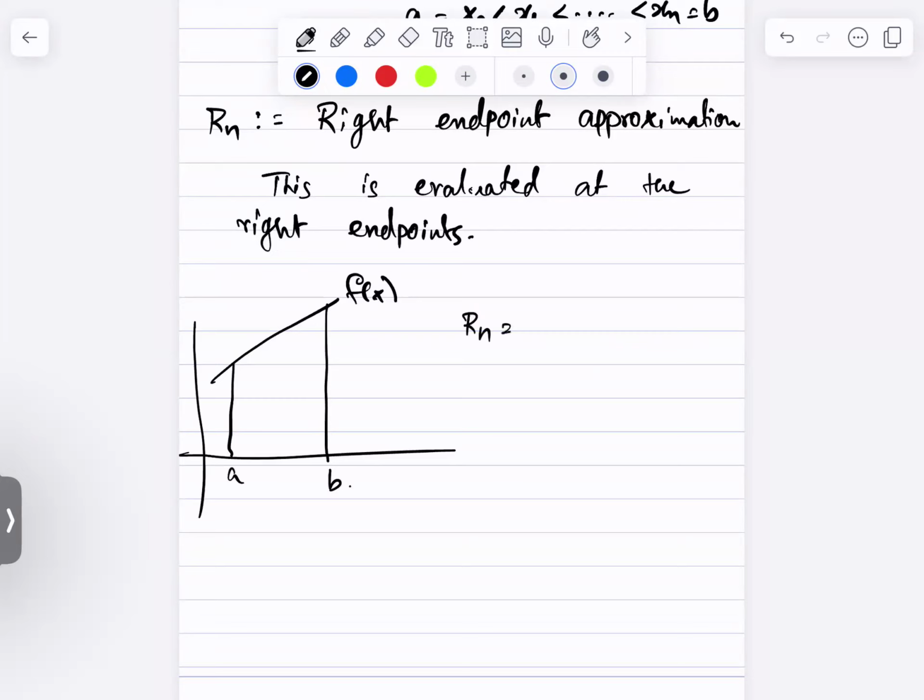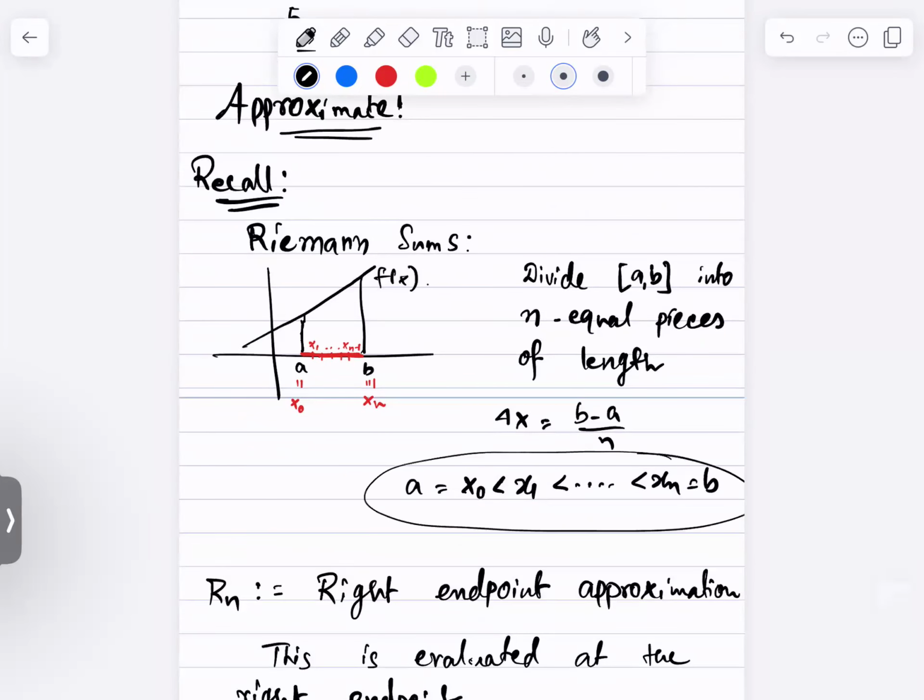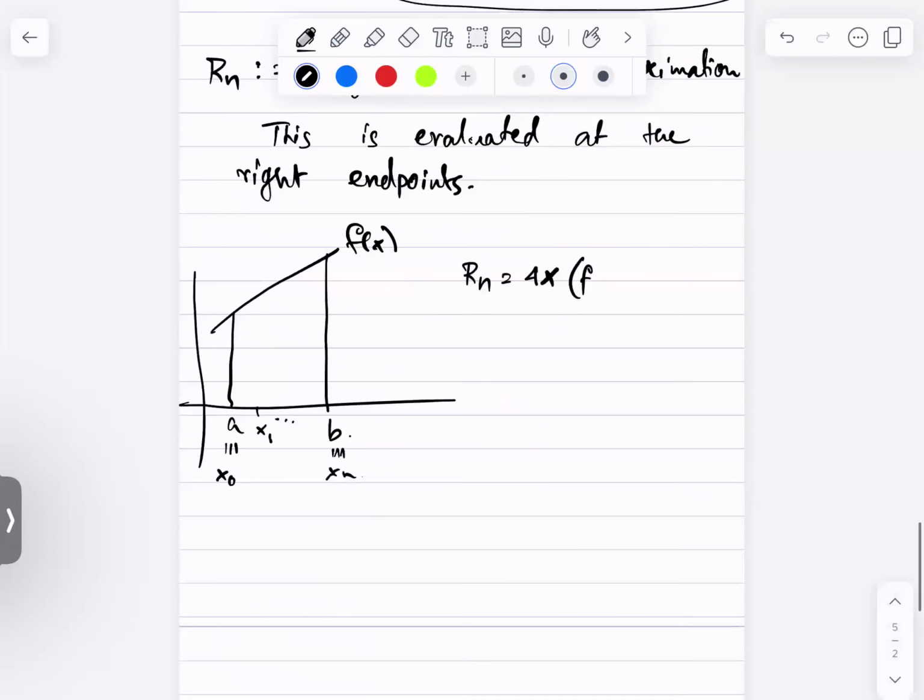So R_n basically tries to approximate, and then this is my x naught, this is my x1, and so on, this is my xn, right? Exactly like this. And delta x is (b minus a) over n. And this R_n represents that I am subdividing the interval a to b into n equal parts. So the right endpoint approximation is like this.